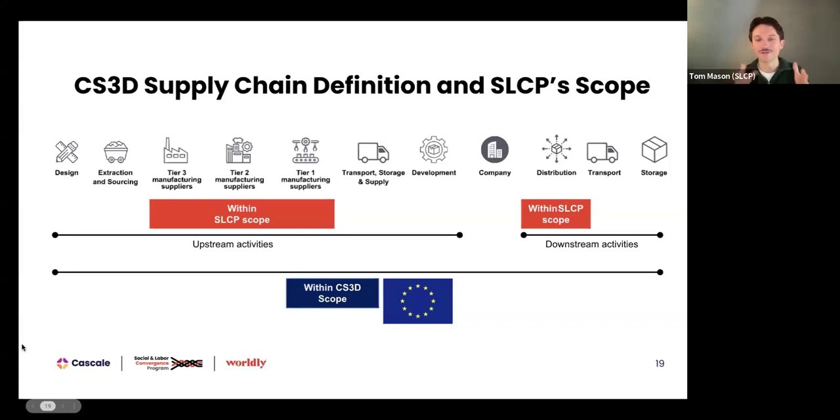This means that even if you are using SLCP or the CAF in tier 1, 2, and 3, and also in your distribution center of your brand, then that's still not going to cover all of the stages of the supply chain that need to be understood when you're doing your due diligence. For SLCP, we have about 50% of our facilities using SLCP, which are tier 1, which makes up the bulk of assessments that go on each year.